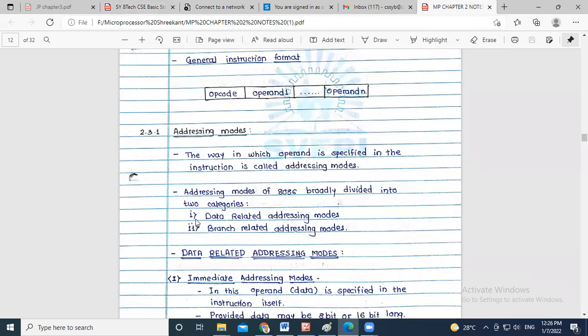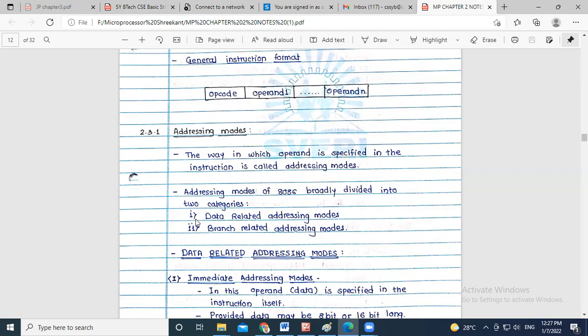So what are the addressing modes? If you want to do any operation, it needs addressing, because the value, the data or the information is present at a particular location in the computer memory.